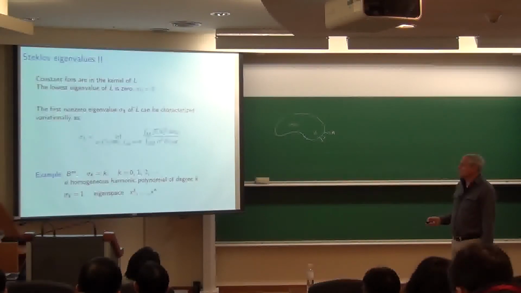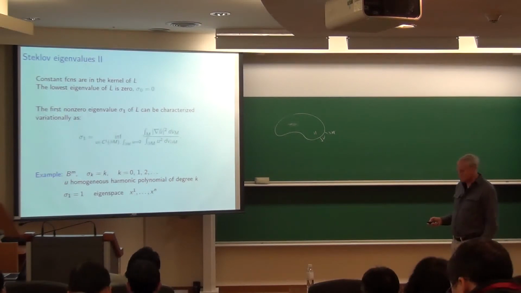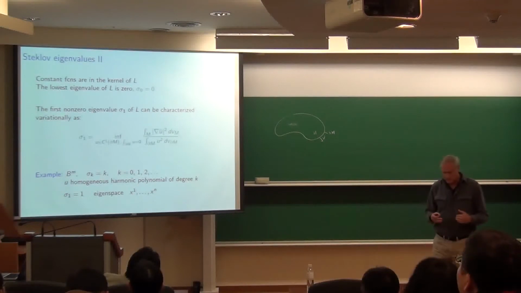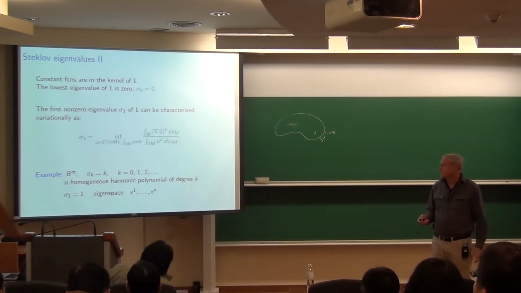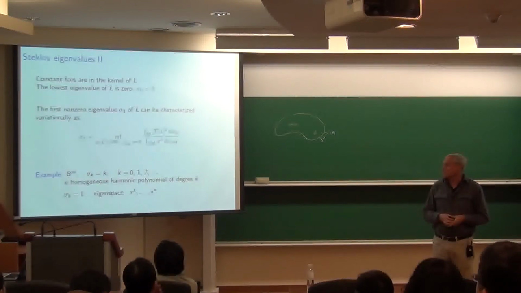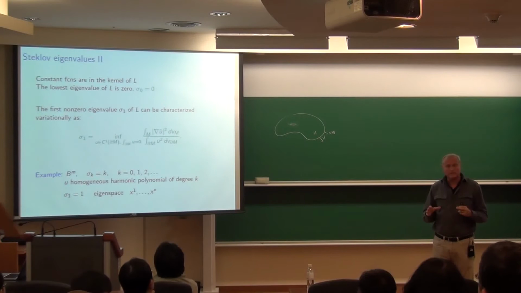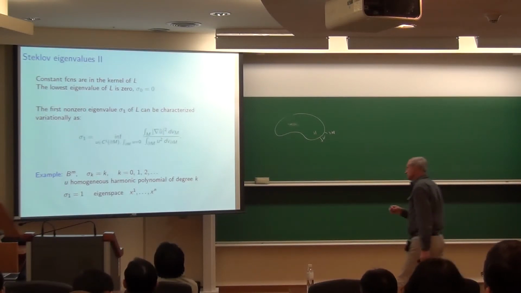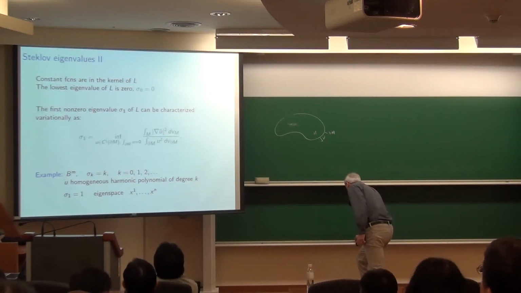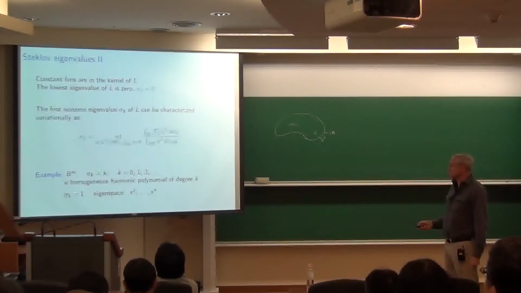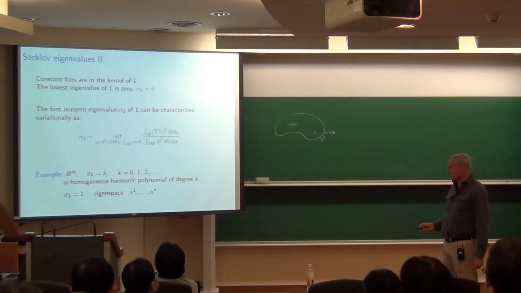Okay, let me just point out a simple example. If you take the unit ball in R^m, then the Steklov eigenvalues are the positive integers, and the eigenfunctions are the homogeneous harmonic polynomials of degree k, with eigenvalue k. In particular, the first non-zero Steklov eigenvalue is 1, and the eigenspace consists of the coordinate functions.